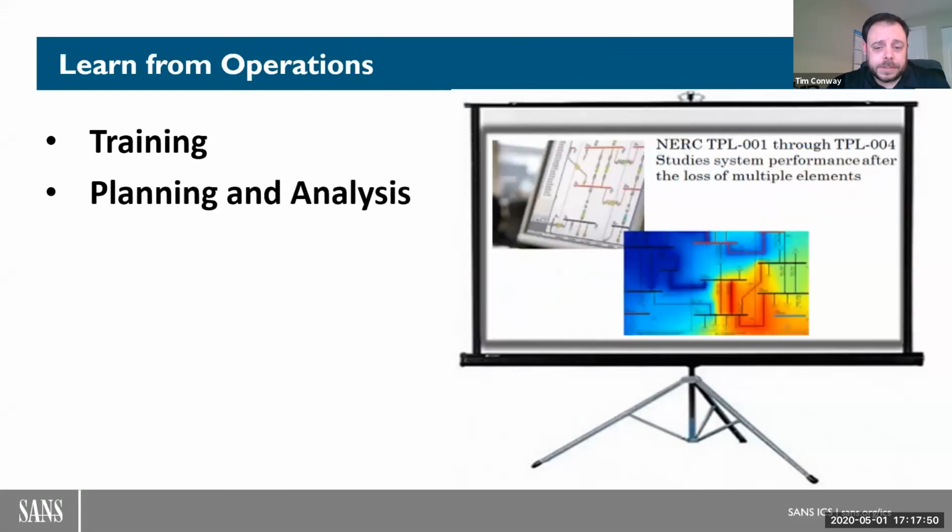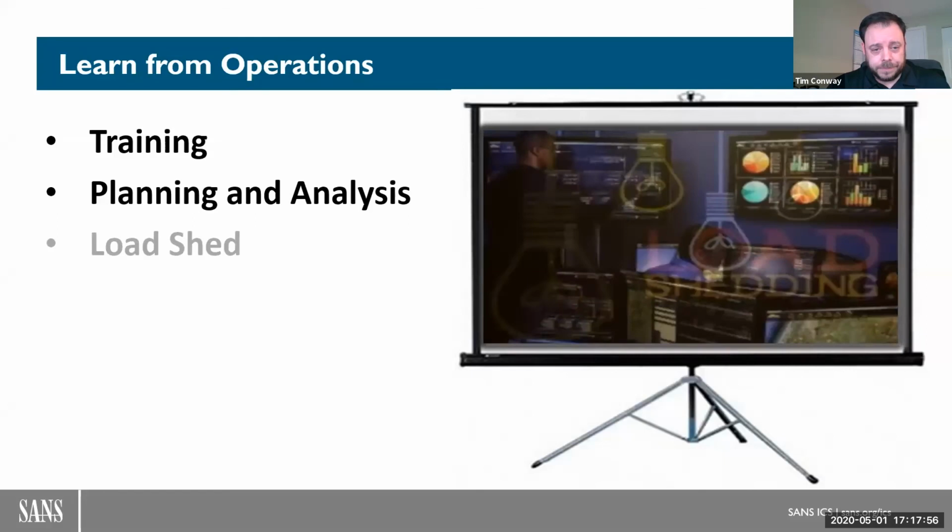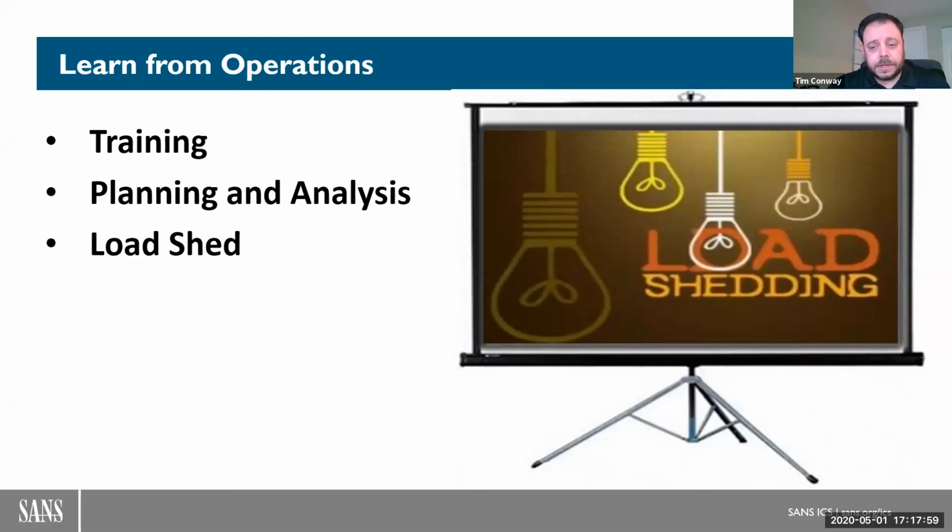The planning and analysis that goes into system operations on a daily, hour-to-hour basis, absolutely key. Looking at their ability to shed load in an electric system environment so that they can maintain some capability to service customers and they could rebuild from.